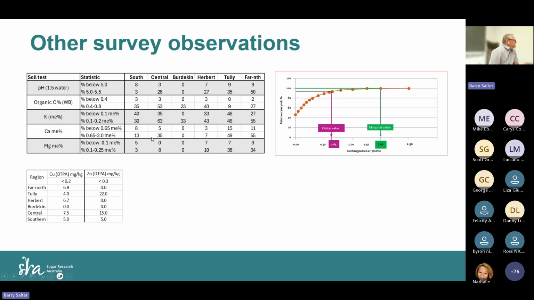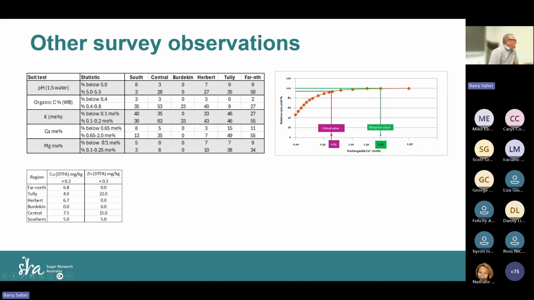Certainly for calcium in some regions, we know that will cause a productivity impact. If the value is less than 0.65, you can see in this calcium response curve, you could expect a 10, 15, 20% yield reduction. And in some regions, Tully and the far north, 15% and 11% of samples were in that range.